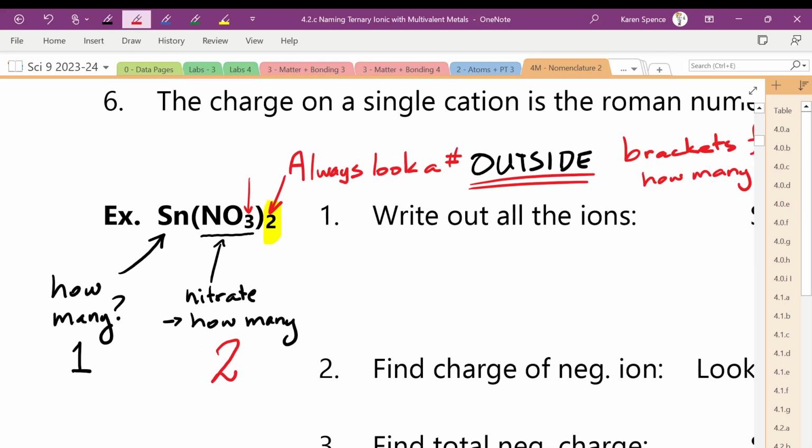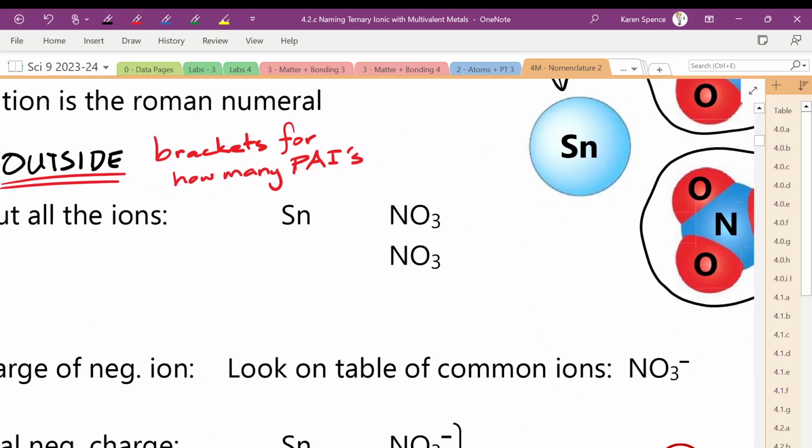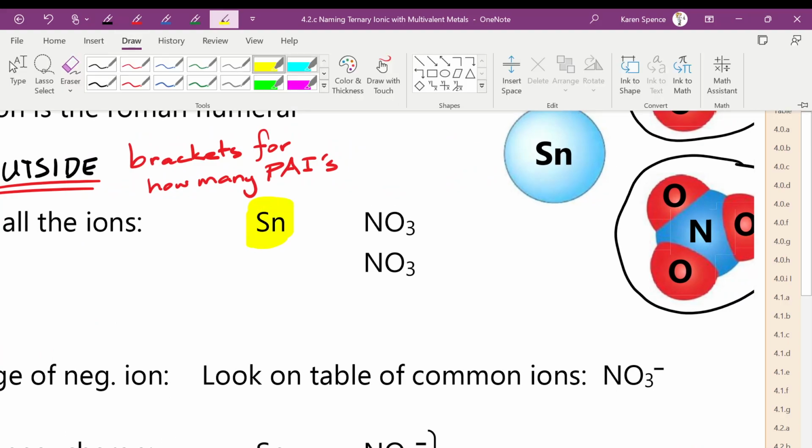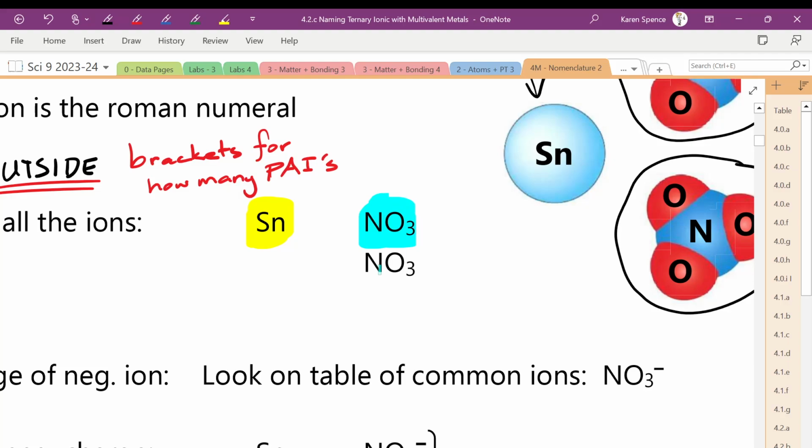Here is our 1 Sn, and here are our 2 nitrates. Do you remember what you need to find out next about those nitrates? See if you can remind your partner, and then I'll call on you.